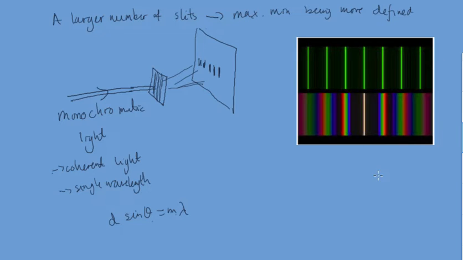If you have a CD or a DVD, let's talk about interferometers.